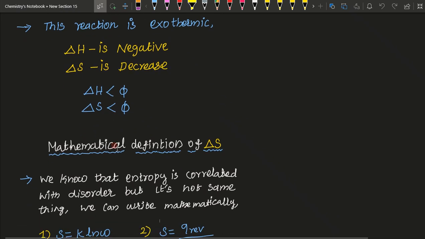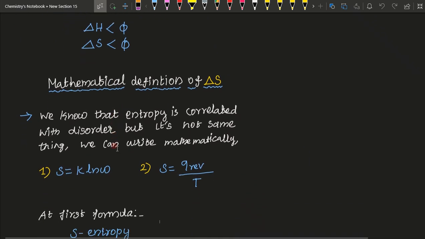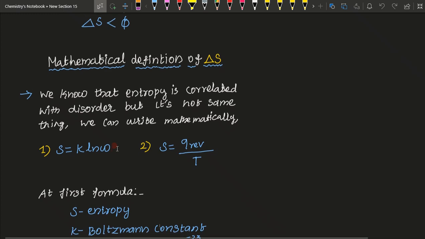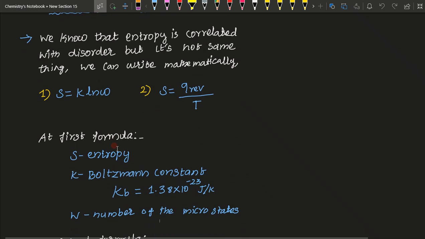The mathematical expression of delta S: we know that entropy is correlated with disorder, but it is not the same thing. We can write mathematically two equations. First equation: S equals k ln W. Second one: S equals Q reversible divided by T, temperature.